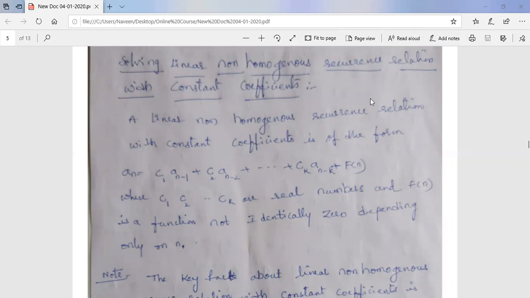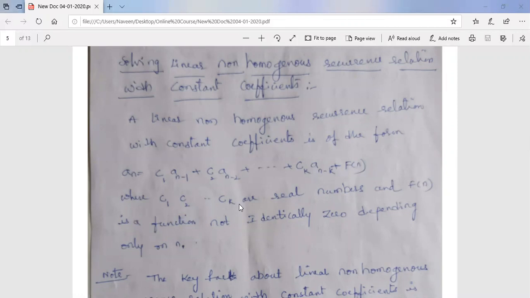Here is the definition. A linear non-homogeneous recurrence relation with constant coefficients is of the form a_n = c1 a_{n-1} + c2 a_{n-2} + ... + ck a_{n-k} + f(n), where c1, c2, c3, and so on up to ck are real numbers and f(n) is a function not identically zero depending only on n.